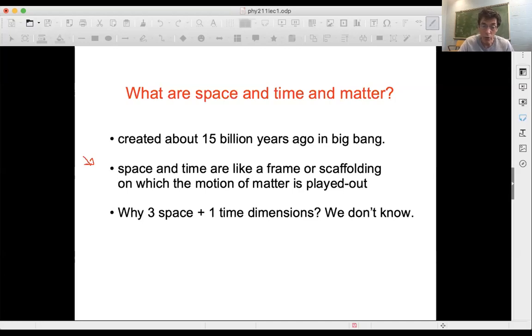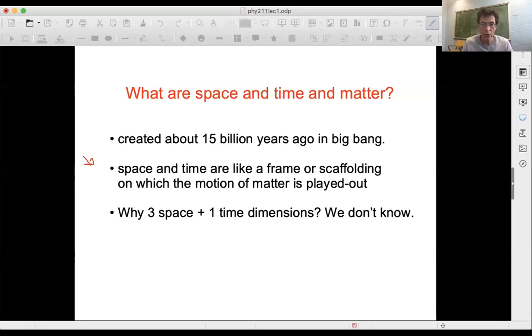But an interesting and unanswered question that you might have wondered in elementary school, or might wonder now, is why are there 3 space dimensions and 1 time dimension? That just shows you that we don't understand everything about space and time, because we have no idea really why there are 3 space dimensions and 1 time dimension.